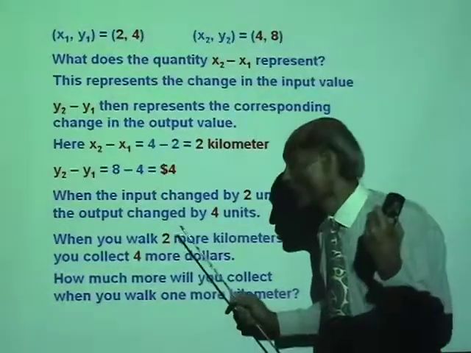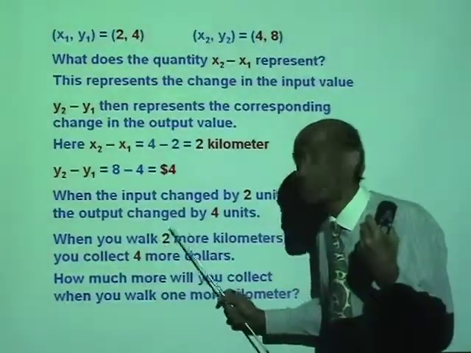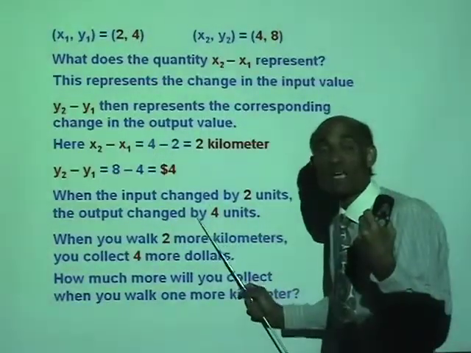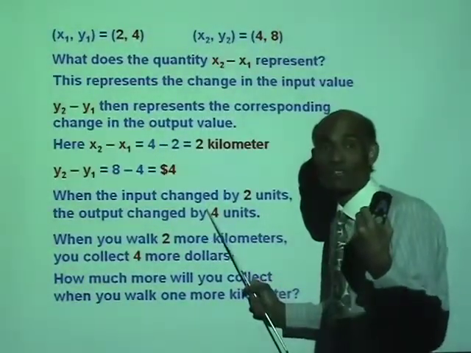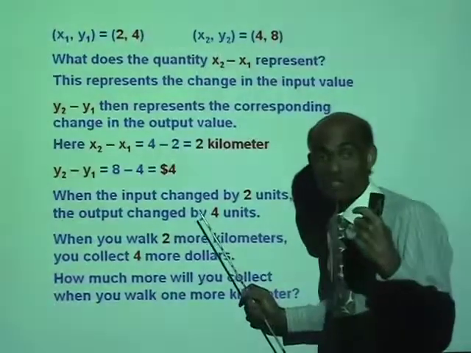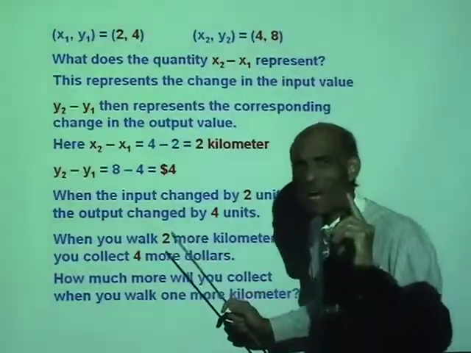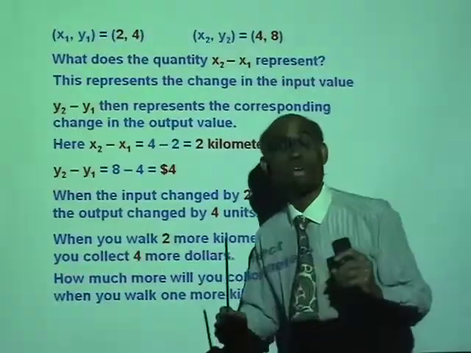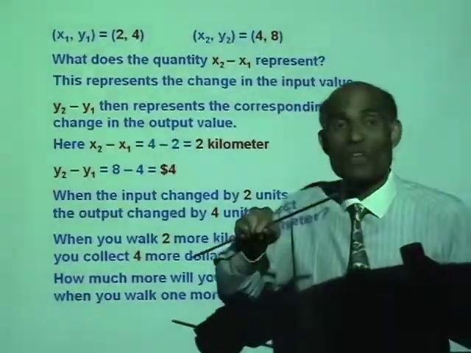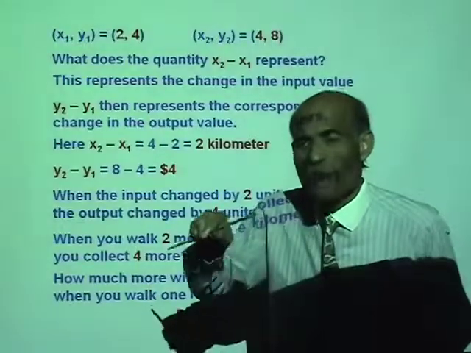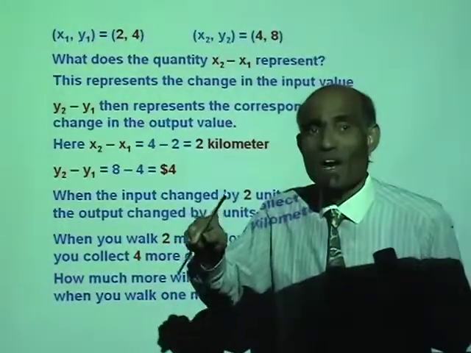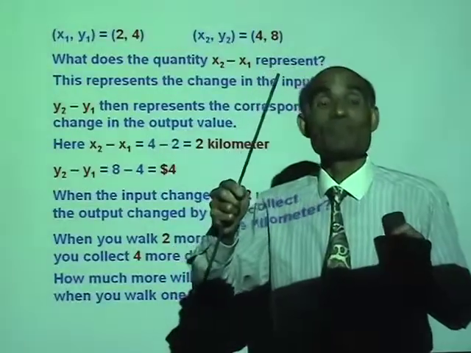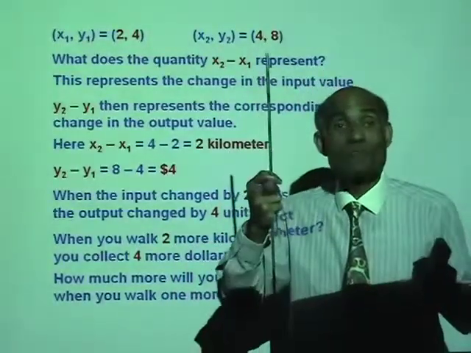In other words, when the input changed by 2 units, the output changed by 4 units. The question is, when the input changes by 1 unit, how much will the output change? In other words, when the girl walks just 1 more kilometer, how much will her earnings go up? It will go up by $2.